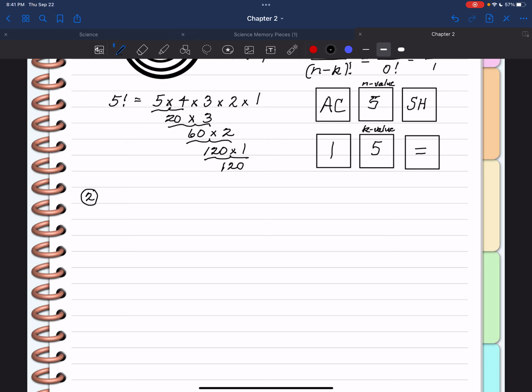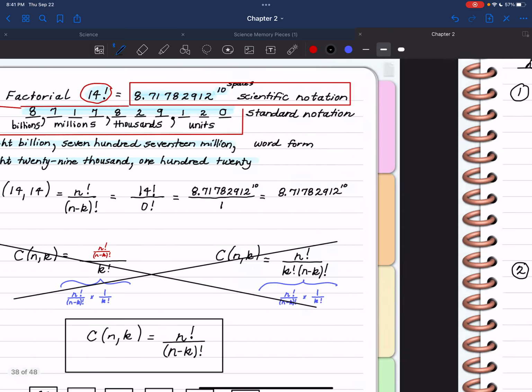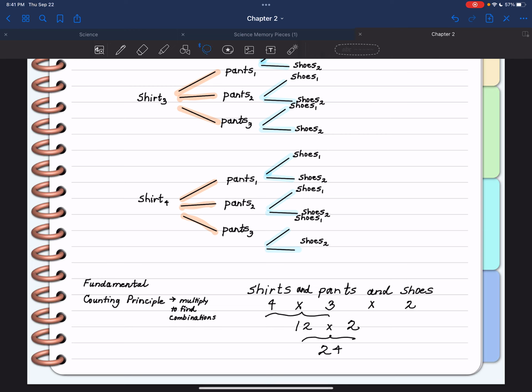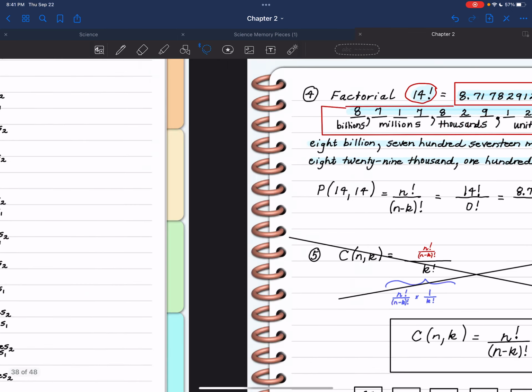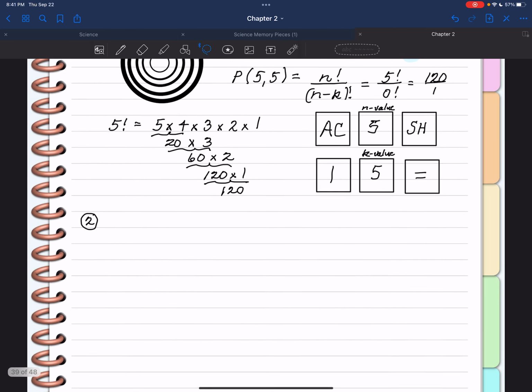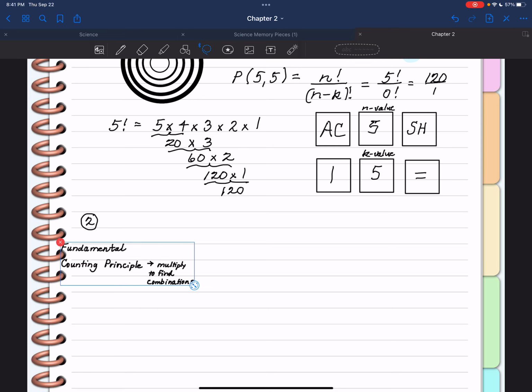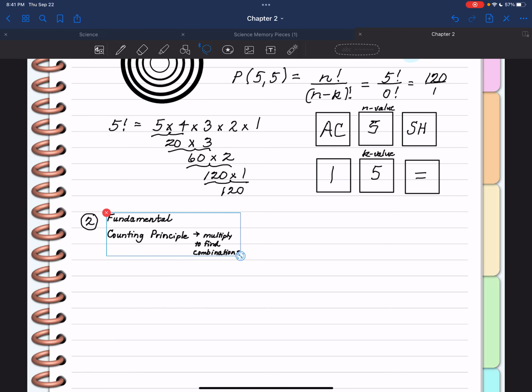Well, we could definitely do a tree diagram here, but remember, whenever I can do a tree diagram, I can also use the FCP, the fundamental counting principle. And this will tell me also the error that Jesse made. I can already tell you what it is. You can tell me, I bet, too. Jesse was supposed to multiply to find the combinations.